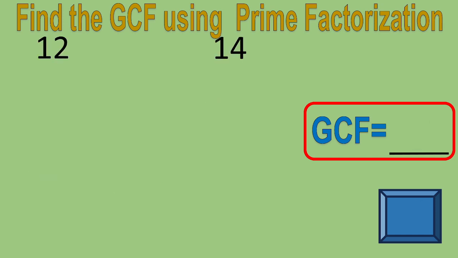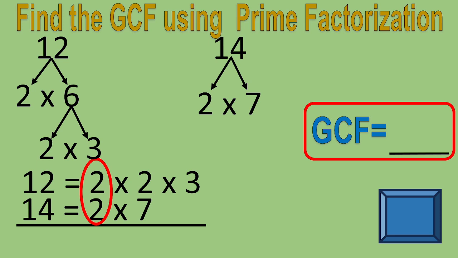12 and 14. Time's up. The common prime factor is 2. So, the greatest common factor is 2.